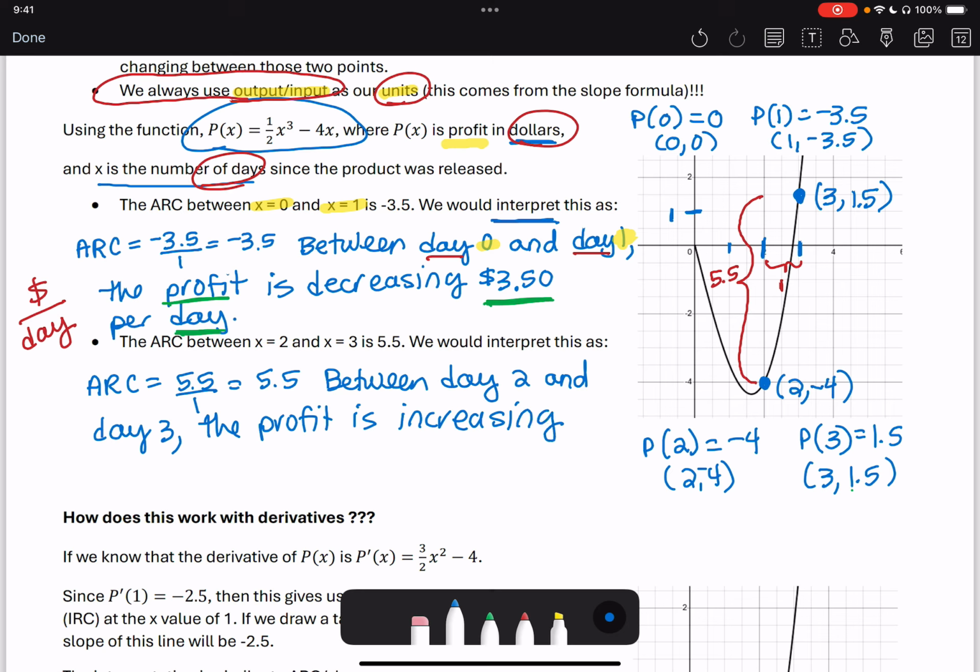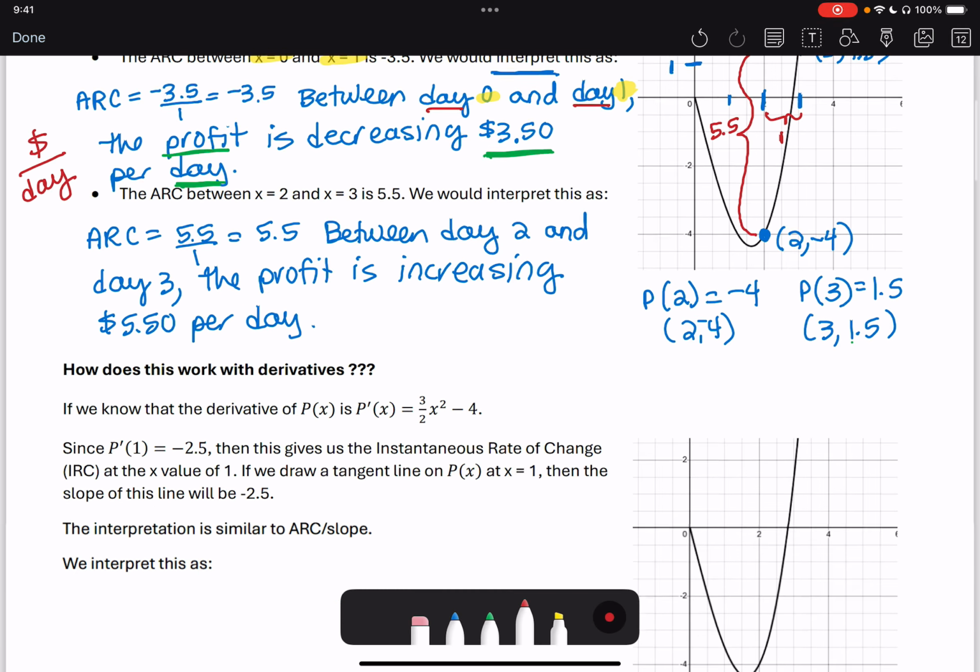Increasing, and this would be $5.50 per day. So we have our input values represented with a correct unit there. We're referencing the profit. We're saying increasing here because it's positive. And then we've got dollars per day. So all of these things have to be in that interpretation when you are properly interpreting an average rate of change.